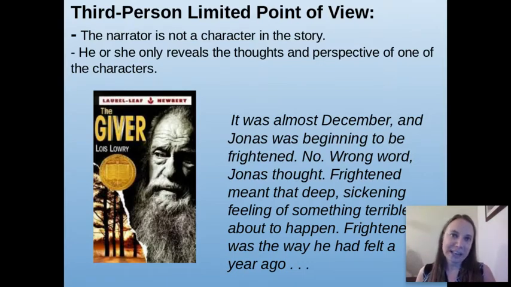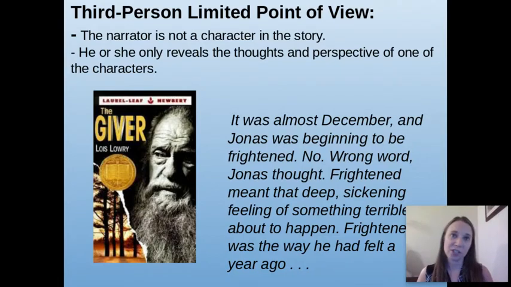So if you remember from The Giver, it focuses in entirely on Jonas. First of all, you'll see it's not first person. Jonas is not telling us the story. You do not see "I was beginning to feel frightened." It says "Jonas was beginning to be frightened." So you'll see characters' names. You'll see he, she, they instead of I. Now, again, this one is third person limited because it only focuses on Jonas.